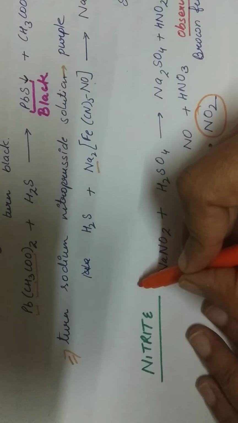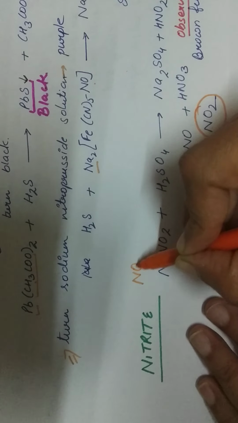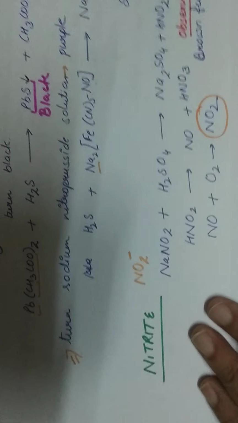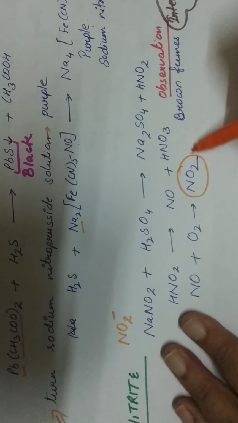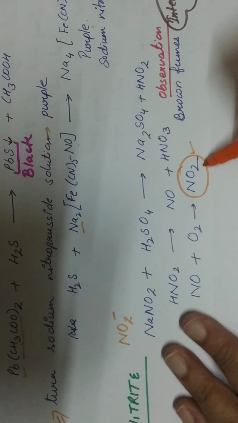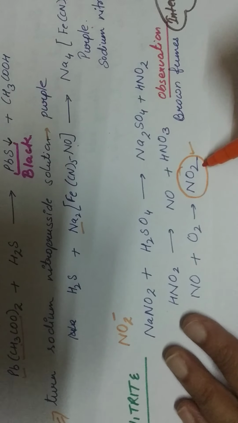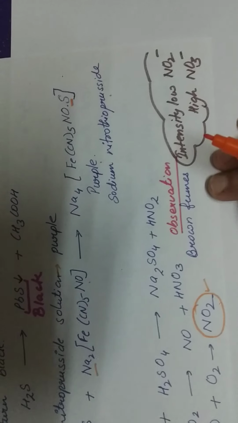The next radical is nitrite. It is the NO2 negative ion. The main gas that is produced is nitrogen dioxide gas. The observation is brown fumes.